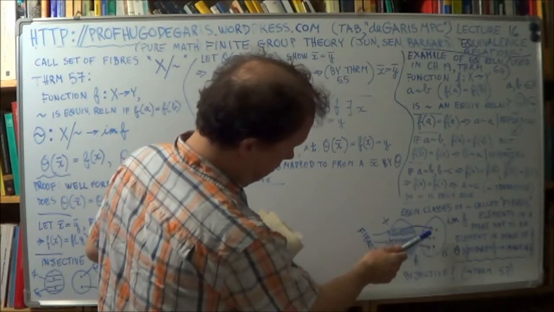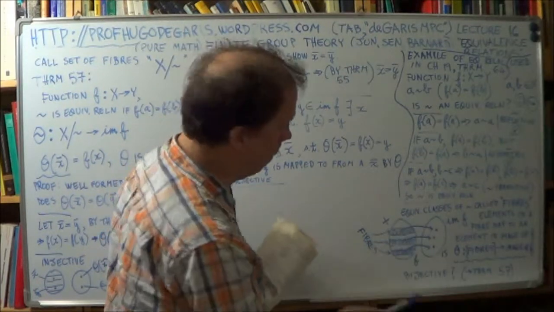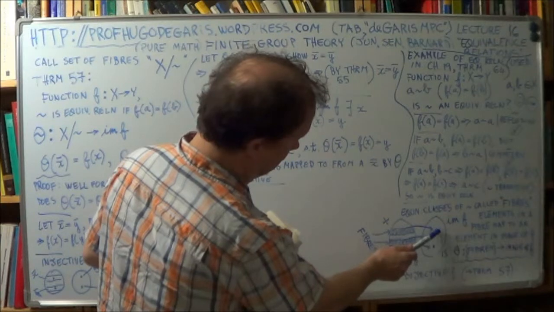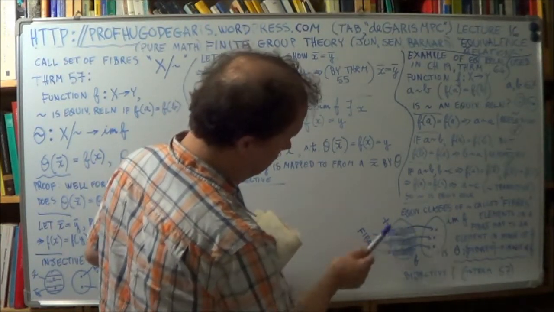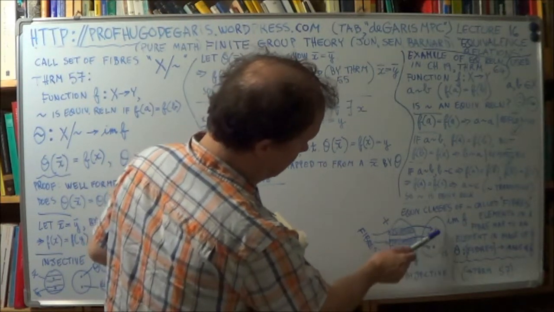And just by looking at the diagram, you begin to suspect, well, maybe there's a bijection between a fibre and the point. So in terms of sets, a bijection between the set of fibres and the set of these points.